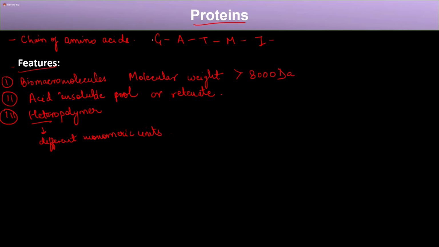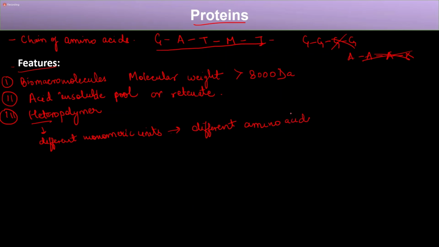So this chain looks something like this. It will never look like GGG, that it has a chain of glycine only or a chain of alanine only. So it will always be a heteropolymer because it contains different monomeric units. And by monomeric unit I mean different amino acids, because the monomer of protein is the amino acid, right? So it will have different monomeric units and hence it is a heteropolymer.